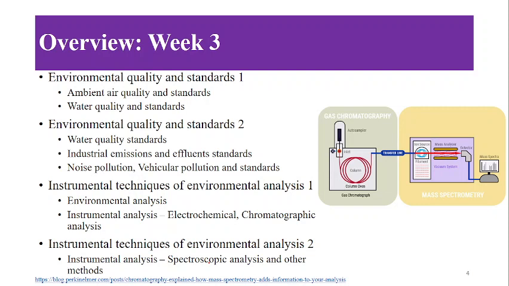So in that respect, ambient air quality and standards, as well as water quality and standards were discussed. And for air, different contaminants from the industry, such as the oxides of sulfur and oxides of nitrogen, which are emitted, and carbon monoxide.